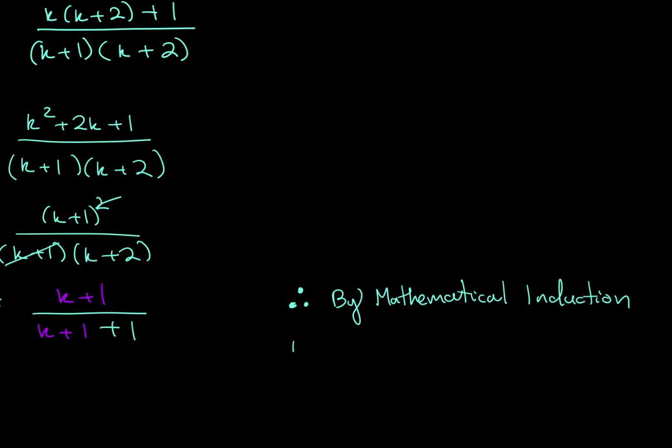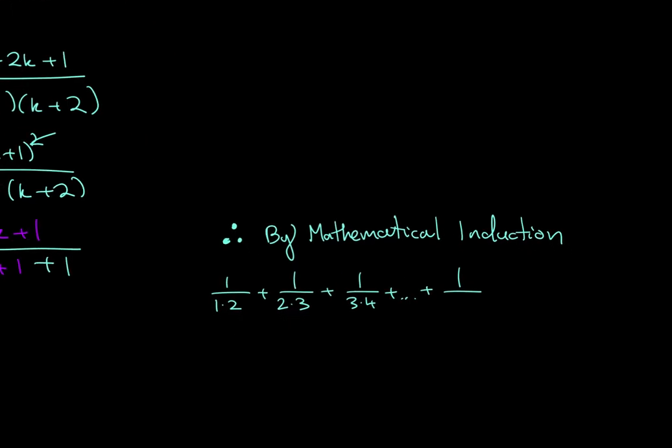We know that 1 over 1 times 2 plus 1 over 2 times 3 plus 1 over 3 times 4 plus ... plus 1 over, notice the change in letters here, really crucial, n times n plus 1 is indeed always equal to n over n plus 1 for each natural number n.